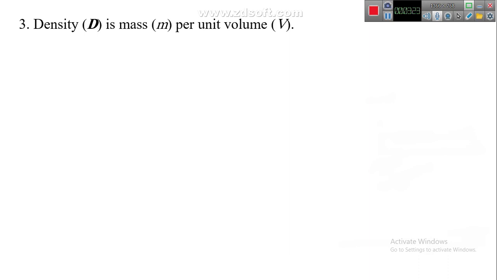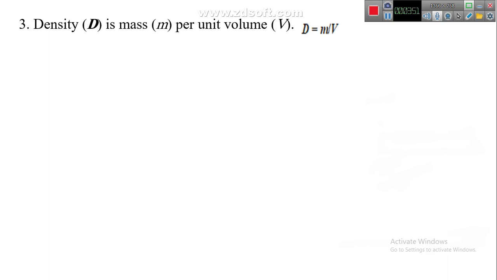Writing this definition in the form of an equation, D equals m divided by V, where D is density, m is mass, and V is volume.